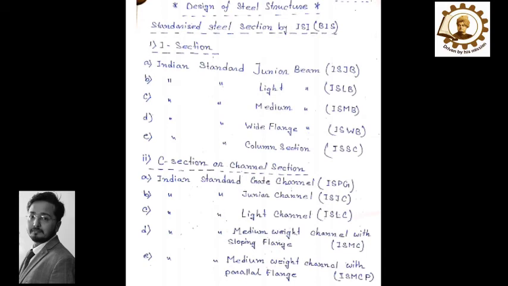These are the types of C sections. If we want a specific C section, suppose ISJC, in this case also we have to specify the depth, but the depths are as specified in SP6 part 1.